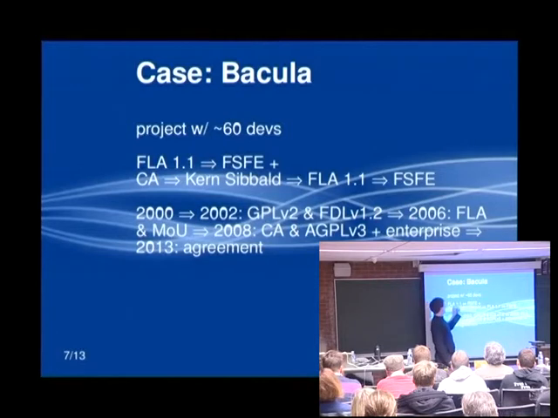But because Kern Sibbald signed the original FLA to the FSFE, and the clause is included, that same code also flows using Kern's FLA with the FSFE back into the FSFE. But because of this, we cannot stop the code being used in a proprietary environment because the developers have agreed with it, and as we saw in the second or third slide, that's explicitly allowed with the FLA and it makes sense.